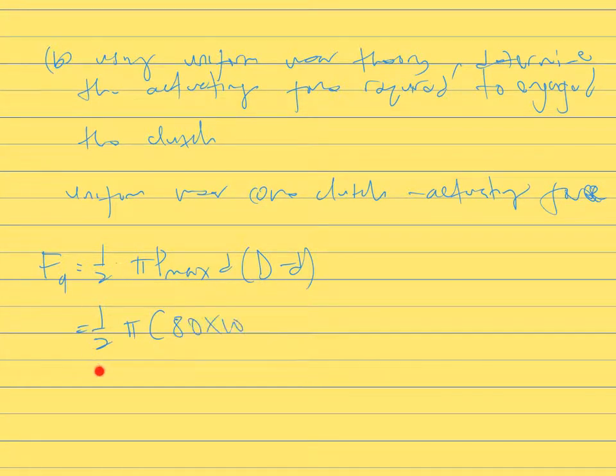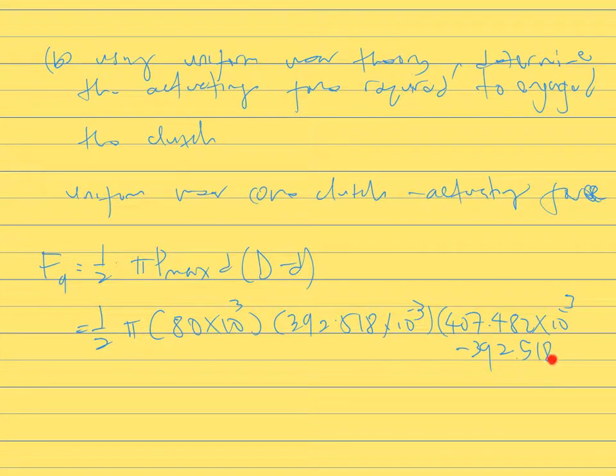So simplify, put in the values: half times pi times the maximum pressure, which is 80 kilopascal, times the inner diameter that we obtained just before, which is 392.518 power negative 3 meter, then times the major diameter, which is 407.482 power negative 3 meter, minus the inner diameter, which is 392.518 power of negative 3 meter.